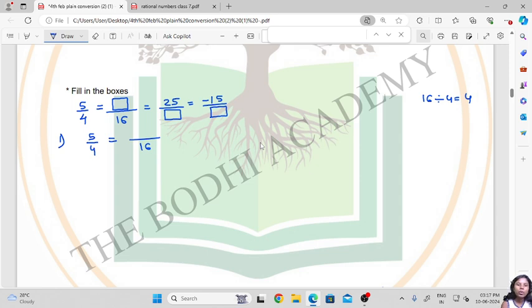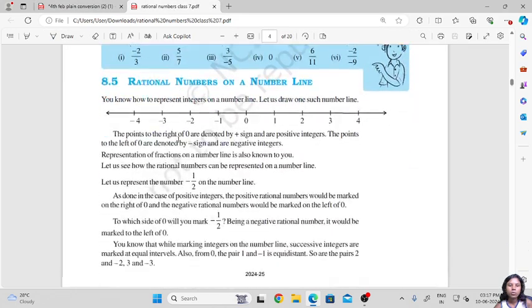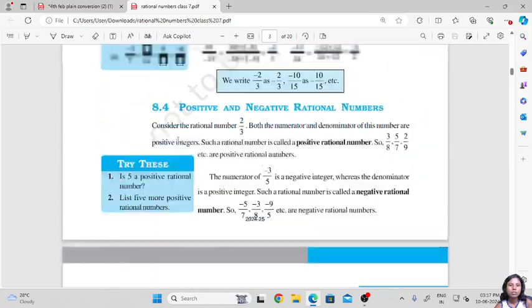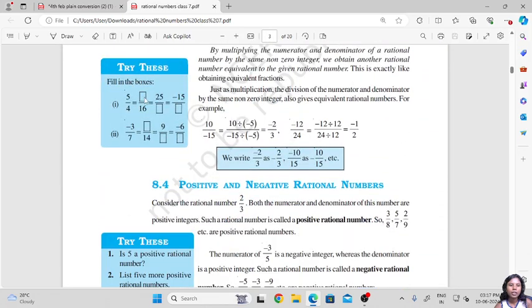So this 4 we are going to multiply here. So 5 by 4 equals this box upon 60.